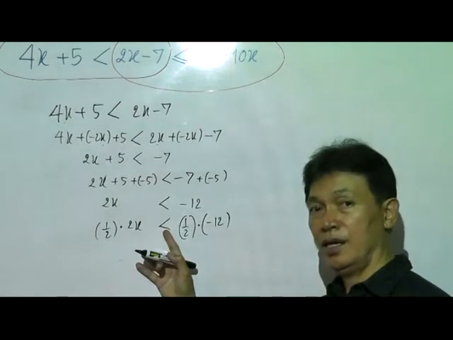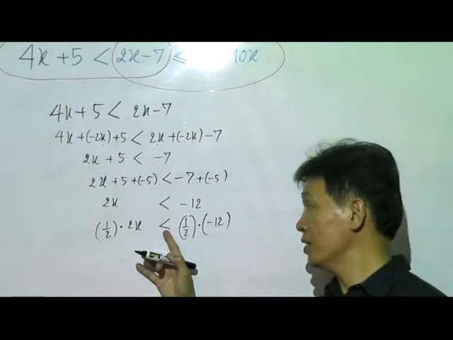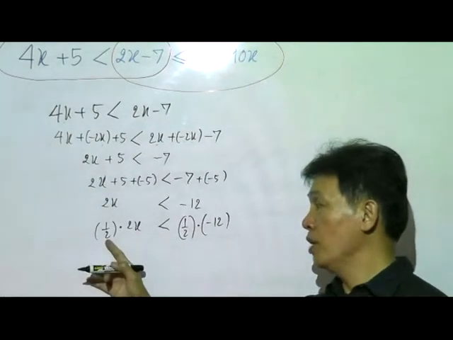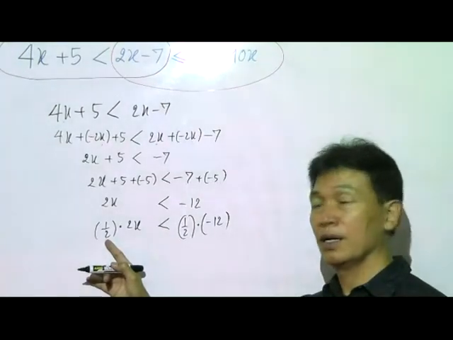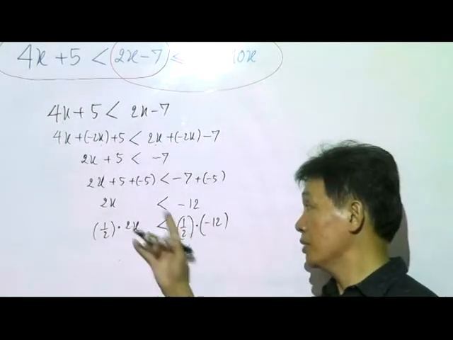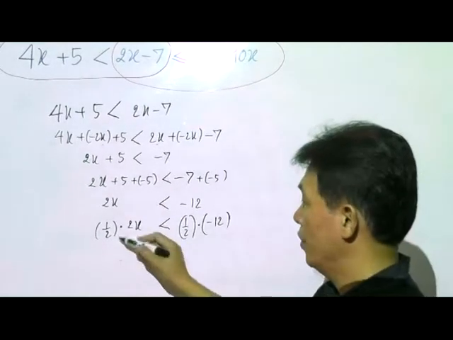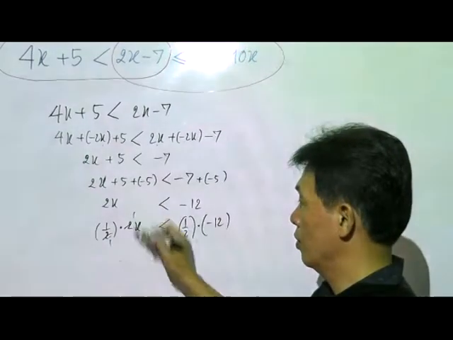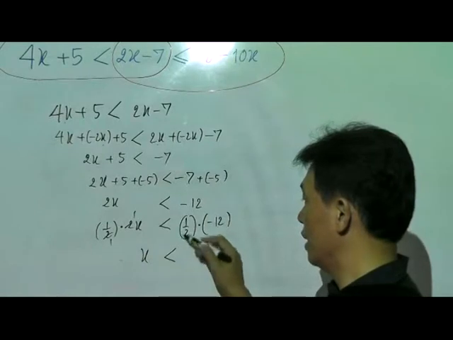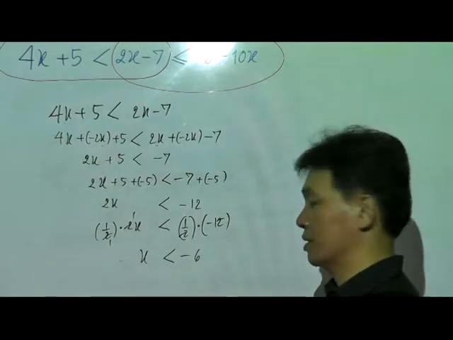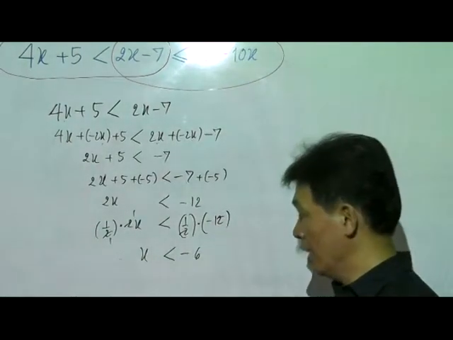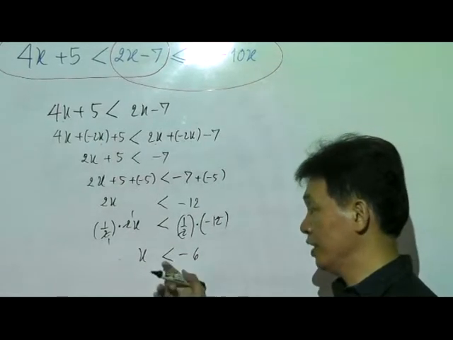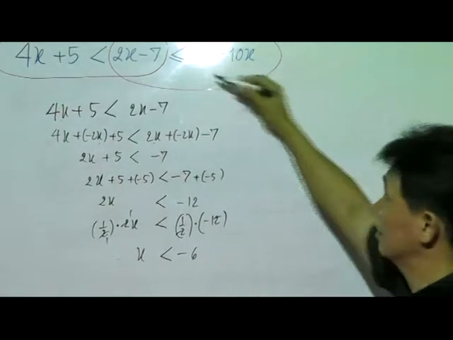The direction doesn't change because we multiply by a positive number. Positive number, the same. Then x is less than negative 6. This left side is finished here.